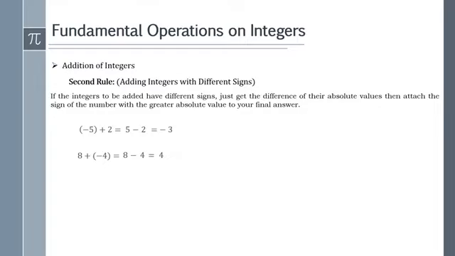Okay? Another example, 7 plus negative 12. So, have different signs. Different ba yung sign? We have positive 7. We have negative 12. Yes, they have different signs. So, just get the difference of the absolute values. So, absolute value of 7 is 7 and absolute value of 12 is 12.